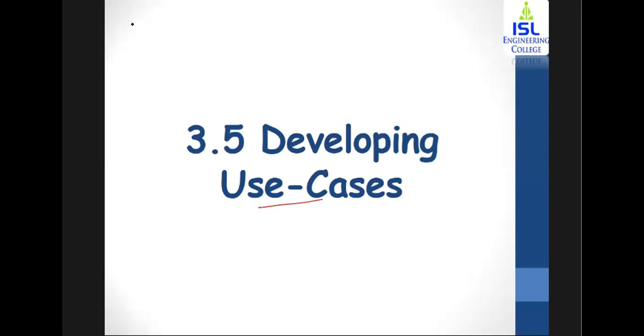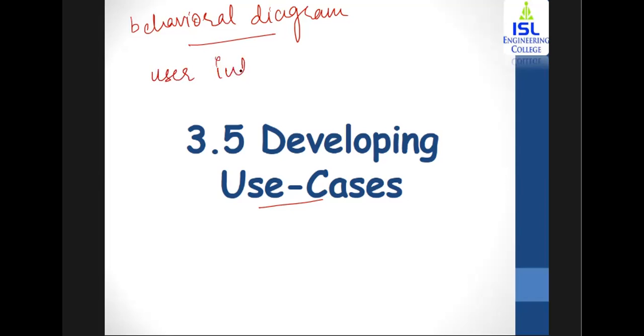Now, a use case diagram is basically a behavioral diagram. That is, it is going to show you the behavior of a particular system. When it shows the behavior of a particular system, it is also representing how the user is going to interact with the system.